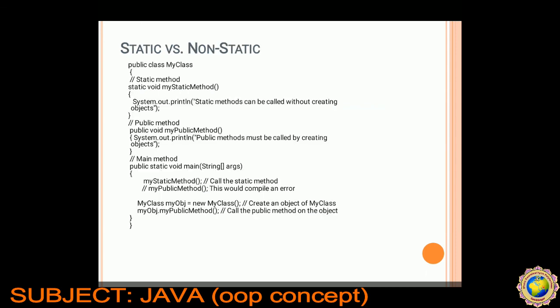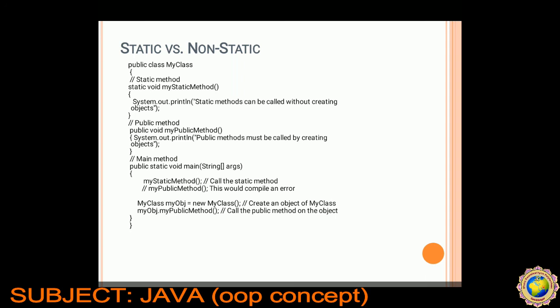Here we have considered static void myStaticMethod. This is the static method, and static methods can be called without creating an object. And here we have taken public void myPublicMethod. See, this is public and that is static, so it's a non-static method.